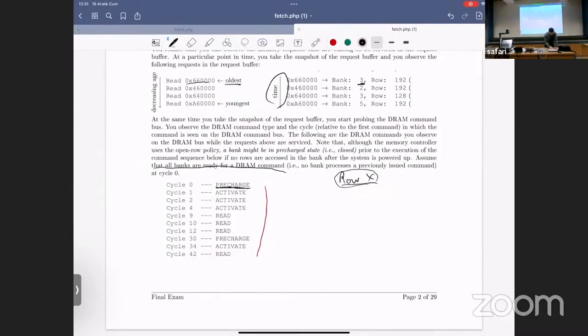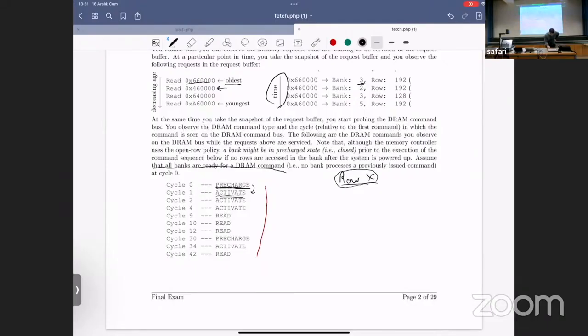And then in cycle 1, we will send an activate command. And this will be sent to serve request 2. So this one. Why? Because we cannot immediately send an activate command after a pre-charge command. And that activate command must be for the second read request, essentially.